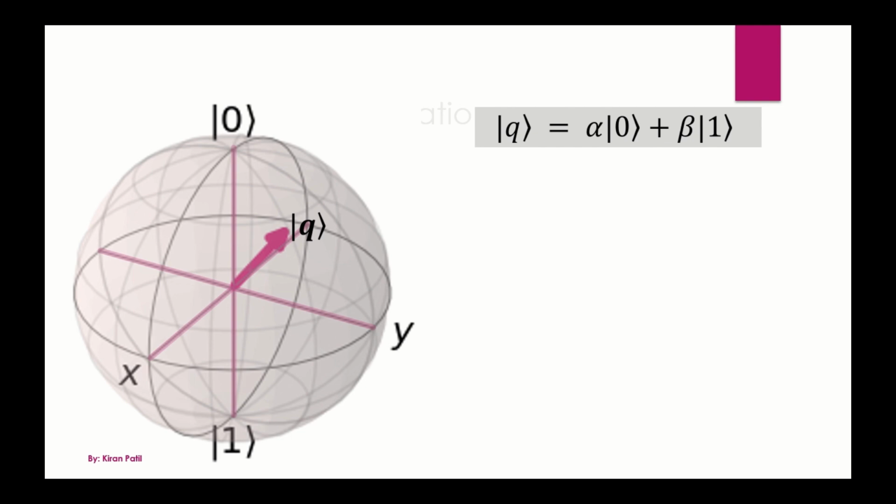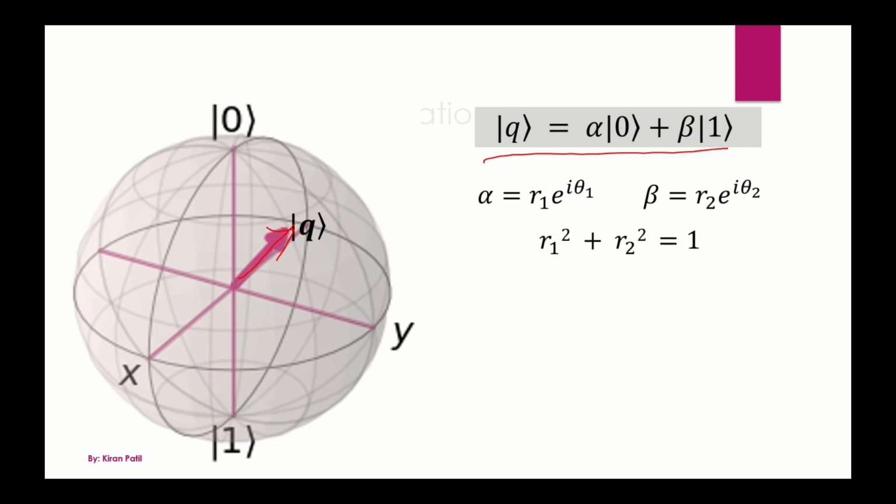As you can see in the graphical representation, this is a qubit which is given by the equation alpha Ket 0 plus beta Ket 1. Here the value of alpha is r1 e raised to i theta 1 and beta is r2 e raised to i theta 2. Now what are the values of r1 and r2?